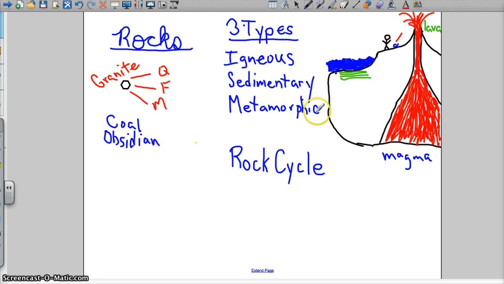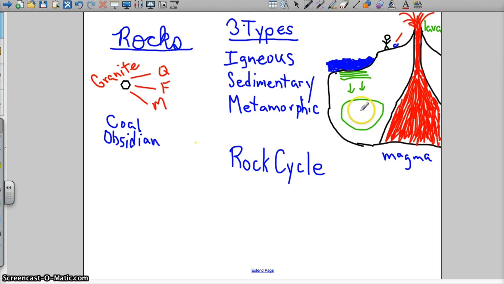Metamorphic rock, however, is often formed deep underground, such as in this area, where you have a lot of pressure. It's formed under pressure, and it's formed under heat. All this rock here has a lot of pressure that goes with it, and it can actually change the composition of the rock to be metamorphic.